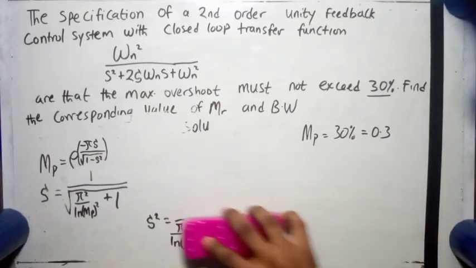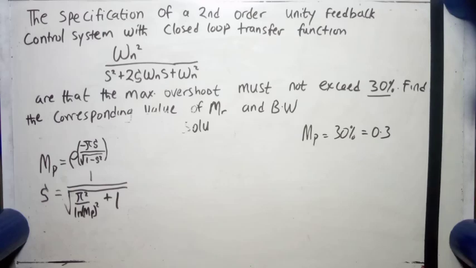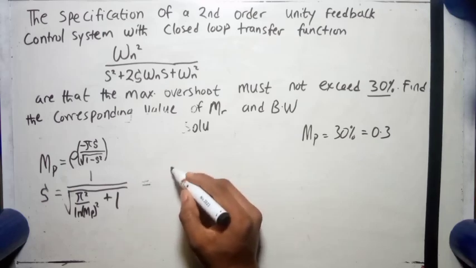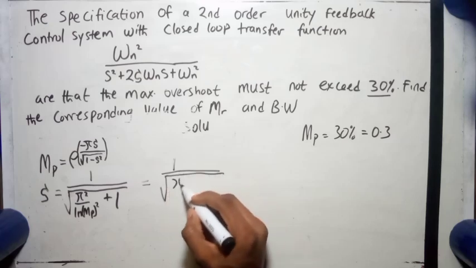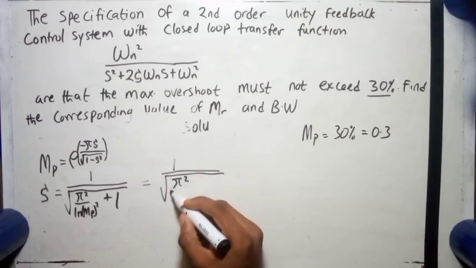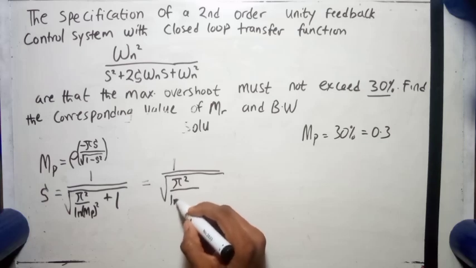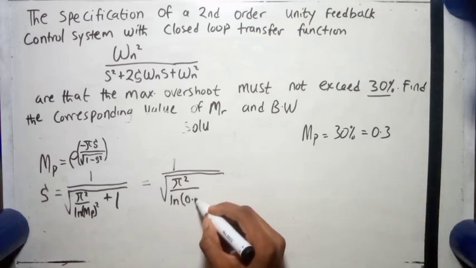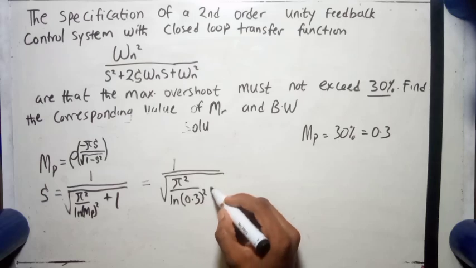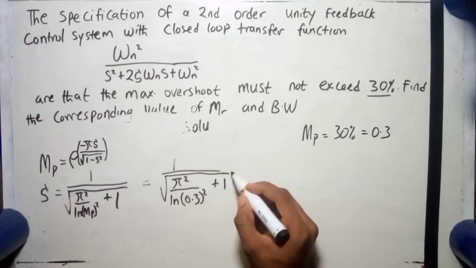Now, substituting, we have that 1 over root of pi square over natural log, what is our mp? 0.3, square, plus 1.